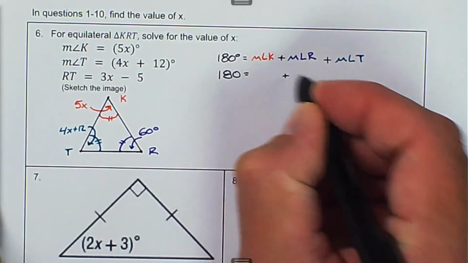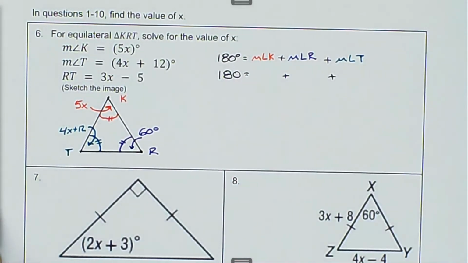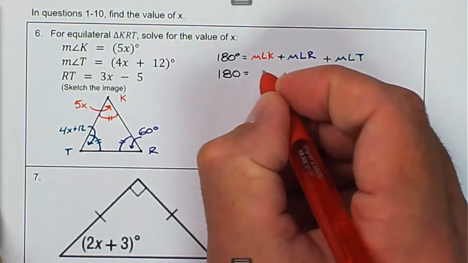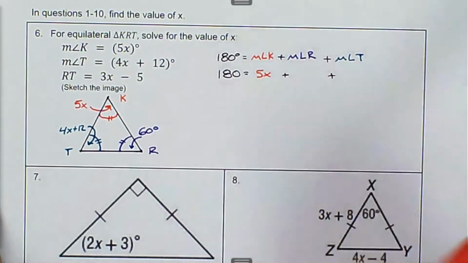So 180 is equal to 5x, plus 60 degrees, plus 4x plus 12.